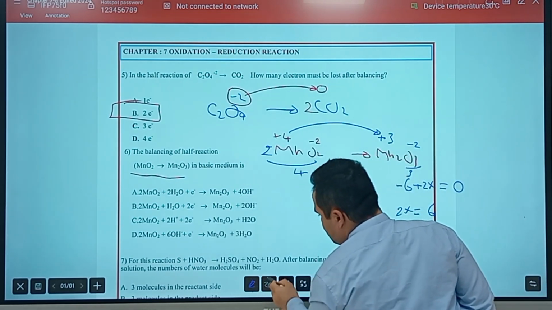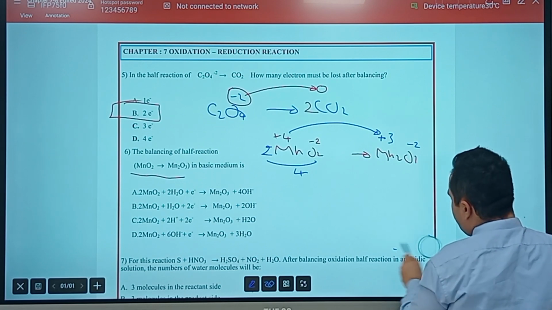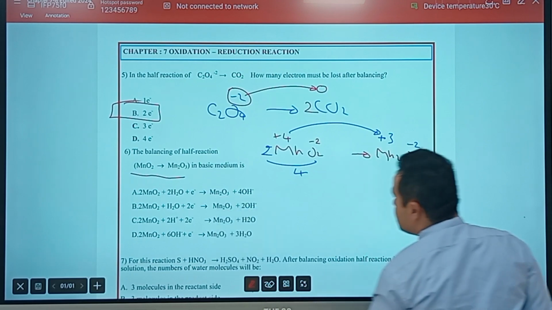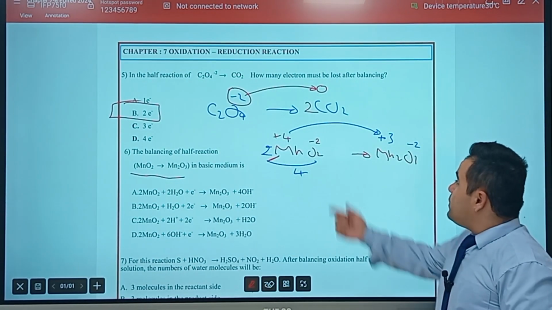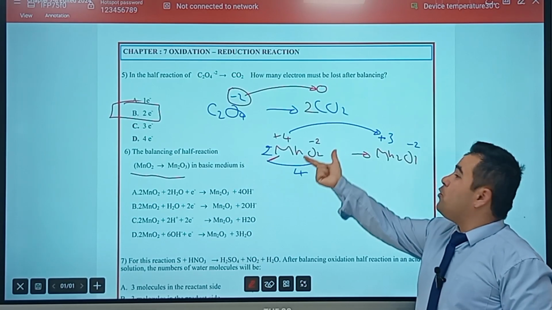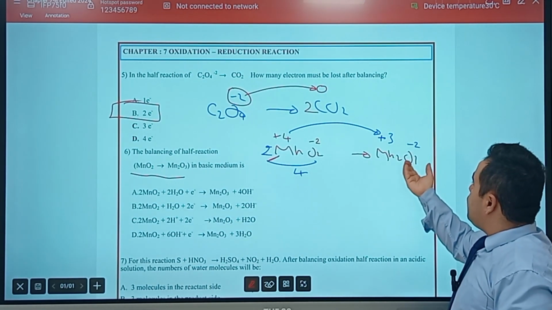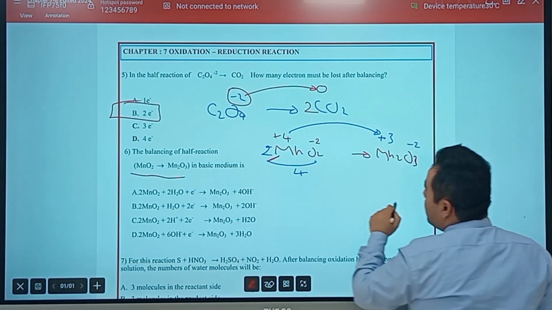Let us balance the atoms. Guys, if you do not add this 2, you will not be able to know the number of oxygen in the reactant and in the product. That's not the case.